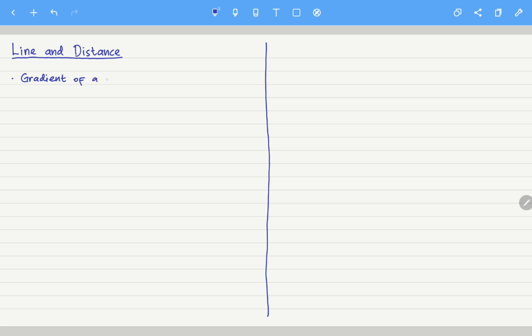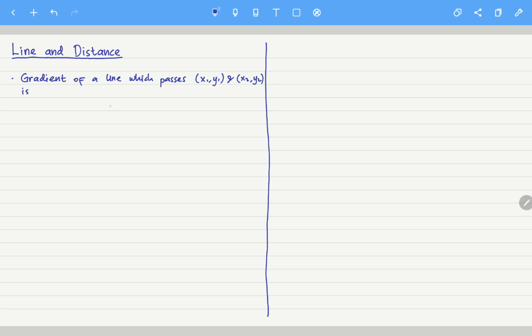Gradient of a line which passes 2 points. So we have the first point, the coordinate of the first point is x1, y1, and this is the second point, x2, y2.